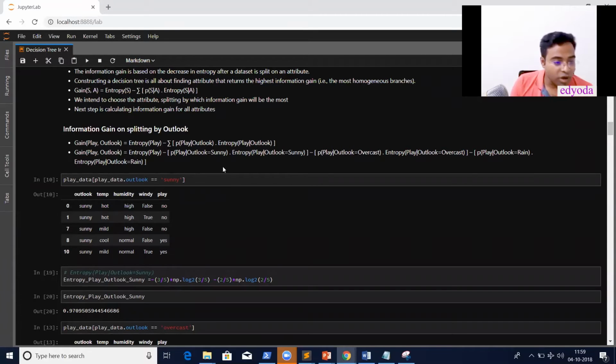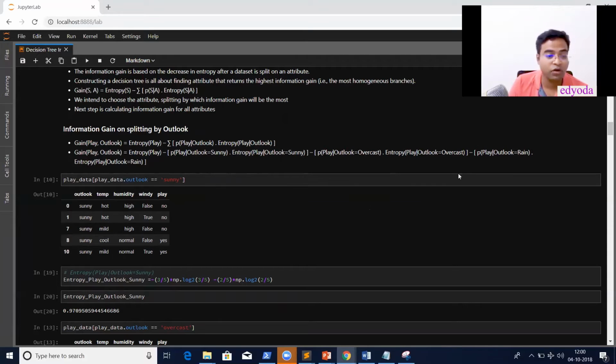To calculate the gain on splitting by outlook, this is the entropy of play, which we have already calculated, and for each value of outlook we need to do this math. Outlook has 3 values: sunny, overcast, and rain. So we need the probability of outlook being sunny and the entropy when outlook is sunny.